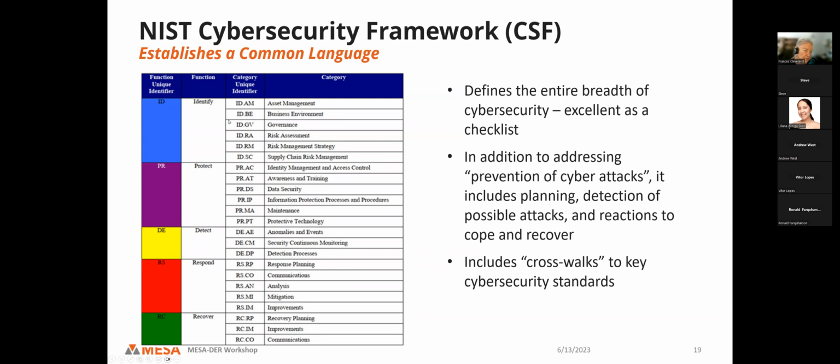You will notice here the things I mentioned under resilience. You have to identify your assets. You have to do a risk assessment, and then you can protect your assets, including training and other things. You have to detect any problems. You have to respond to those problems, and you have to recover.